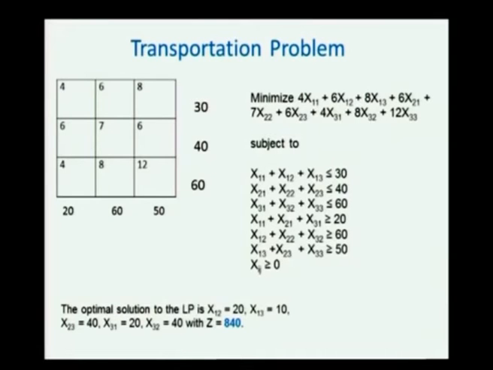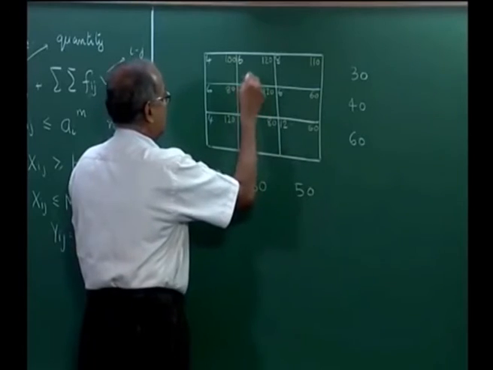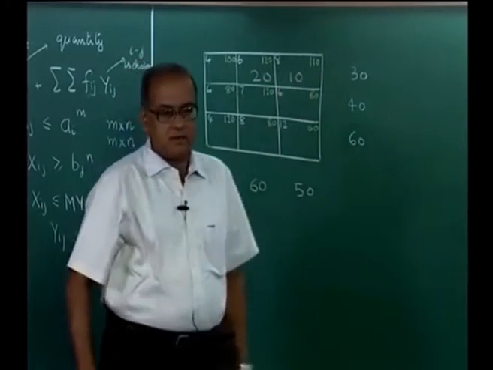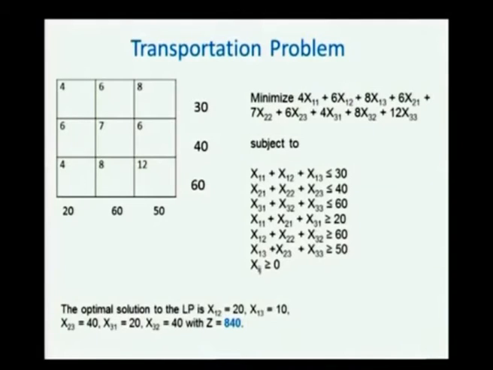We said x12 is 20, x13 is 10, x23 is 40, x31 is 20, and this will be 40.